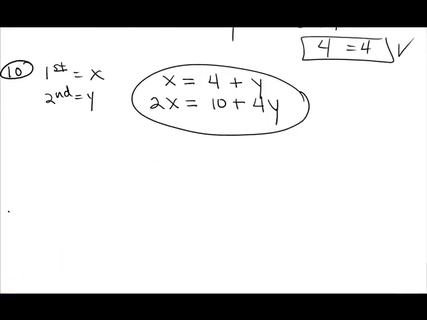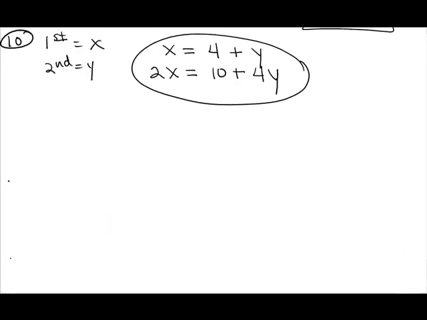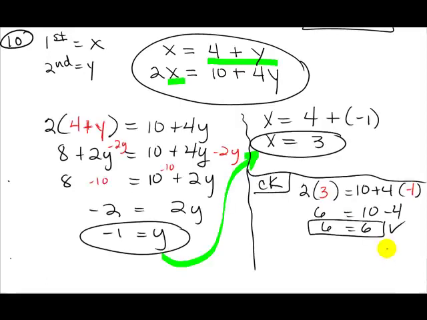Okay, so I want you to pause it. Hopefully you got this part set up right. Pause it and do the work. Alright, this one was set up perfectly for substitution, so this became my substitute in the other equation for x, and so here it is.